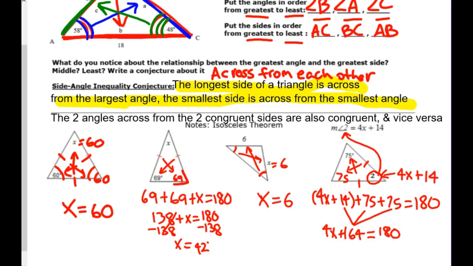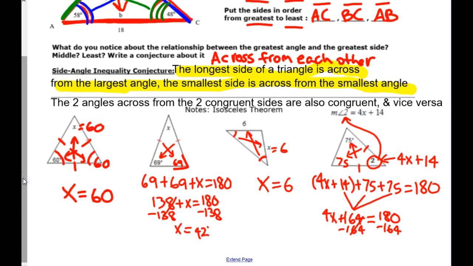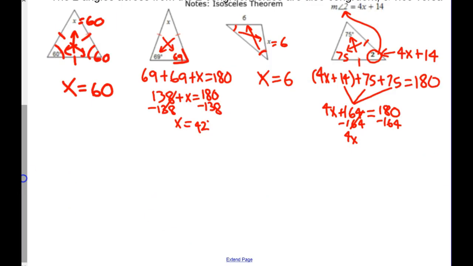We get rid of our loner by doing the opposite, the inverse operation. So 4x equals 16 once we subtract, and we divide by 4, and x equals 4.